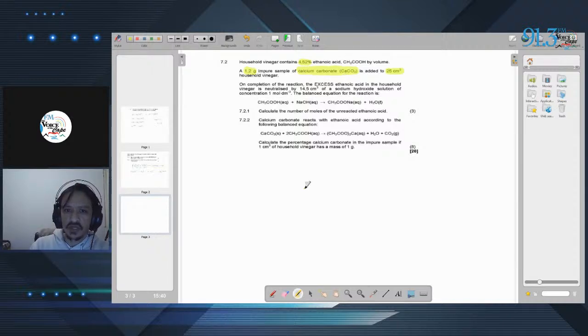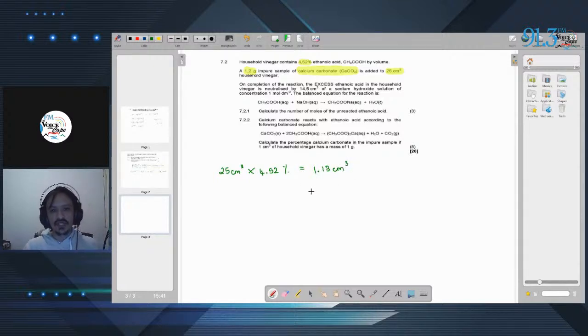No. So we actually have 25 centimeters cubed times 4.52%, and this means that by volume we only have 1.13 centimeters cubed of vinegar. And the rest is something else that's diluted, probably water.